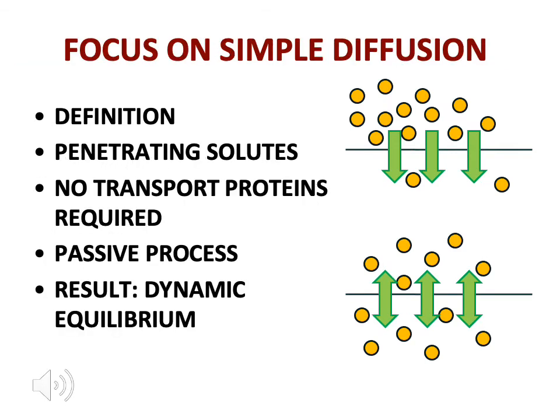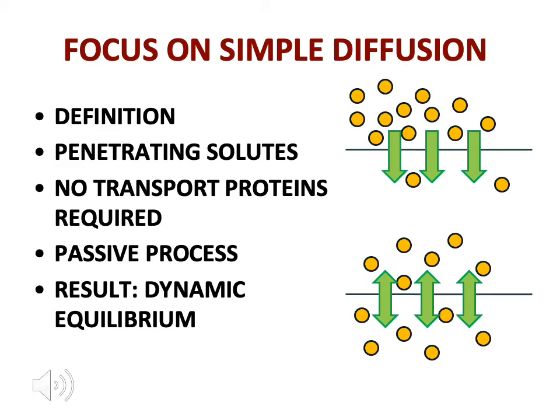Our first example of passive transmembrane transport is simple diffusion. Definition: simple diffusion is the movement of solute molecules directly through the phospholipid bilayer. Now, a solute is something that dissolves in a solvent.